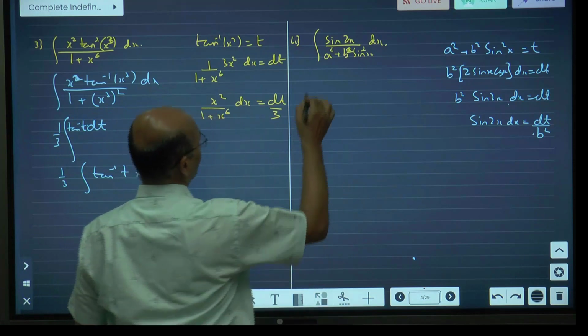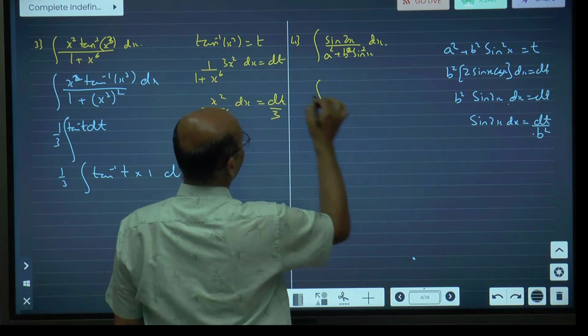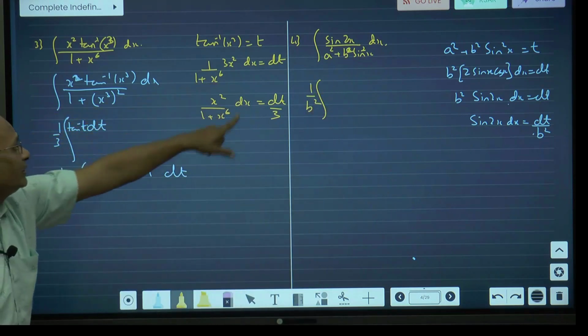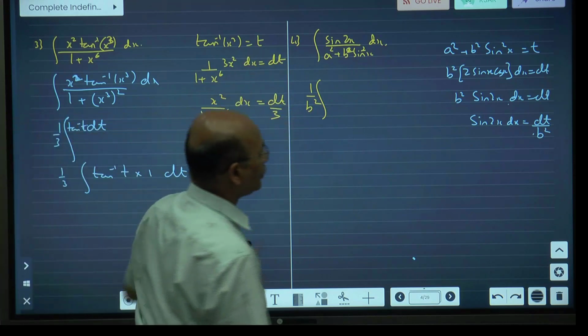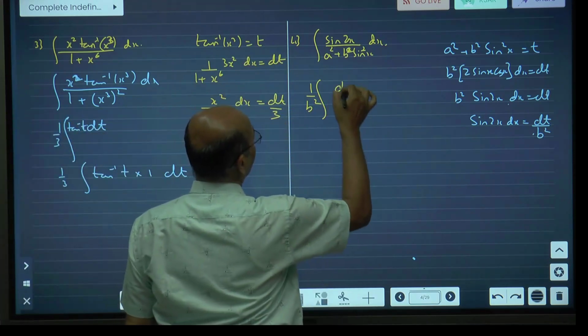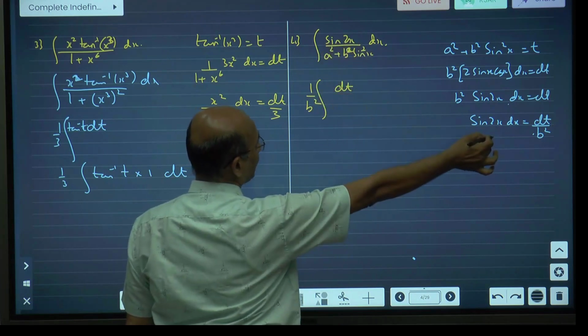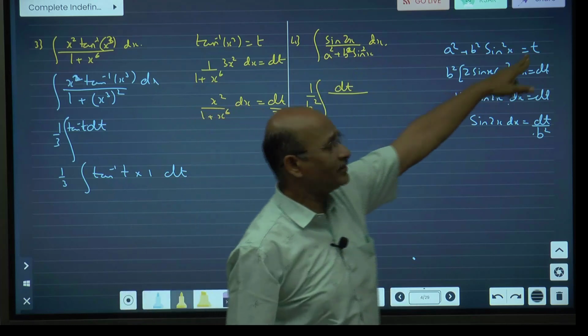So in this case, sin 2x dx will become 1 upon b square dt, and a square plus b square sin square x is nothing but t.